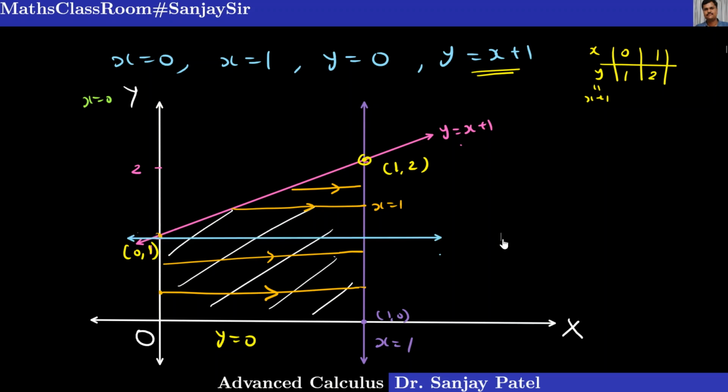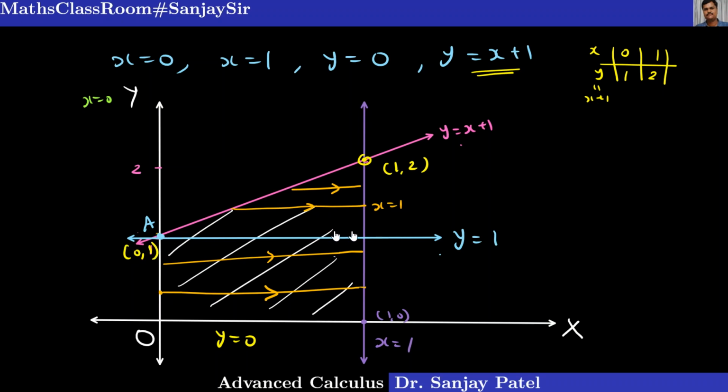Okay. So the curve is changing from this point, that is 0, 1. So this is the critical point. What is this point? It is 1, 2. Remember that. So from this critical point, we should draw a line parallel to the x-axis because we are integrating with respect to x. We know the equation of this line is y is equal to what? 1, because it is passing through 0, 1.